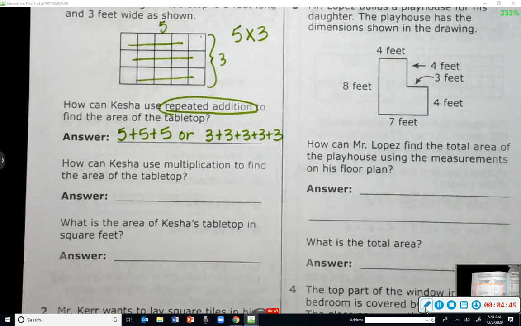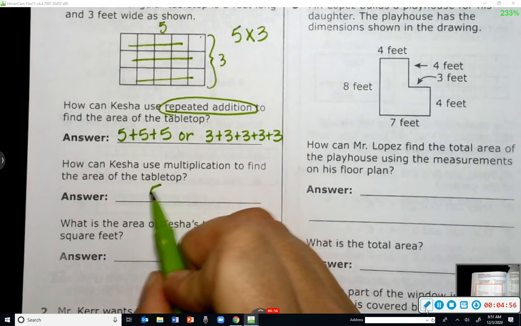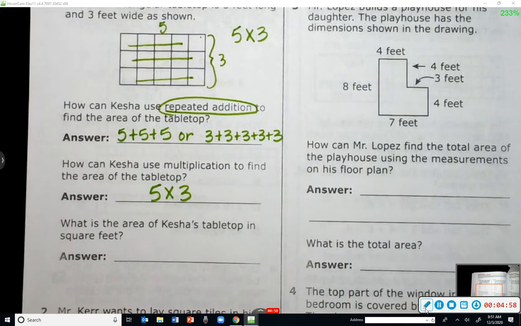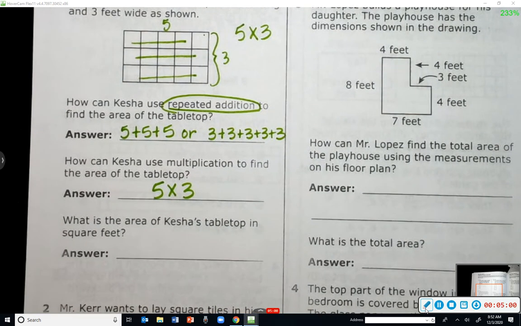Aaliyah, what can I do for multiplication of the tabletop? 5 times 3. Not hard. It's already written down. Now, how can we find the area of Kesha's tabletop in square feet? Kelsey? We could count the boxes. Okay.